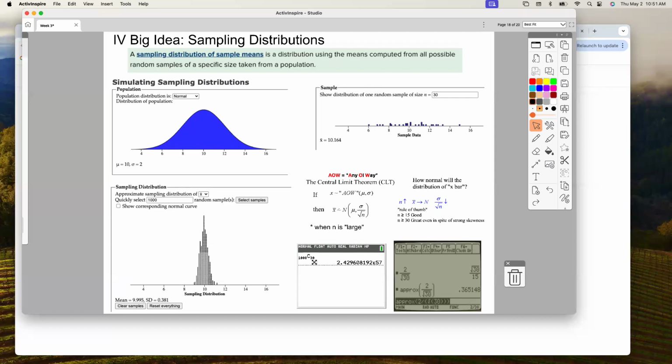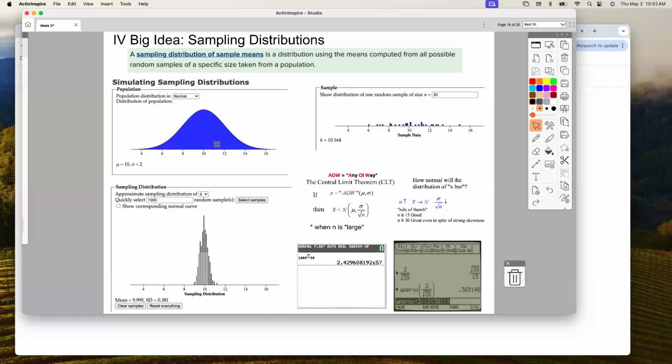I don't even think this calculator can compute that. So we have a lot of combinations here. Now, what we're going to do in simulating a sampling distribution is actually approximate the sampling distribution, and I'll emphasize that as we get through, but I wanted to address this first.